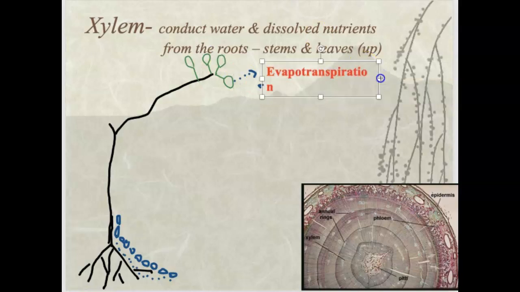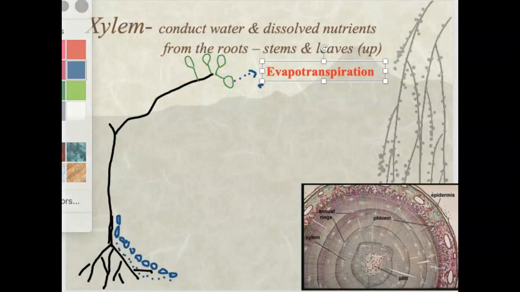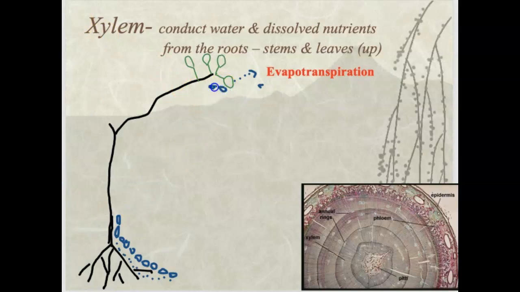It's hot, it's humid, water leaves, it evaporates out. Now, as the water is evaporating out, because all these little water molecules are attached to each other, they pull on the ones that are behind them. And what you literally have is this chain of water molecules constantly getting pulled upward through evapotranspiration.